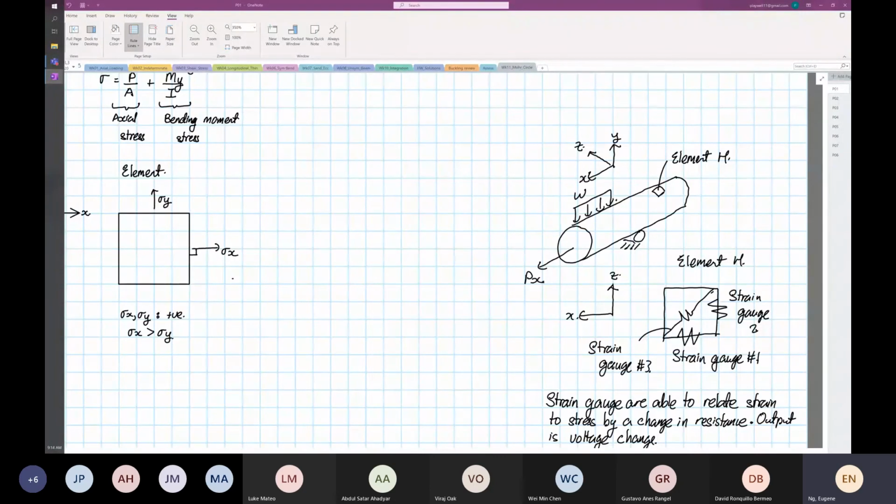So they're all strain gauges, and that is what I mean by an element. It's able to relate strain to stress by a change in resistance, and the output is voltage change. So coming back to where we are now, we have an element. Then we look at Mohr circle.